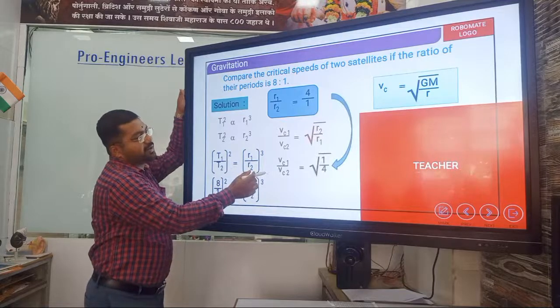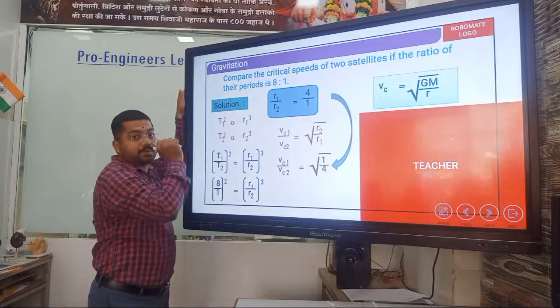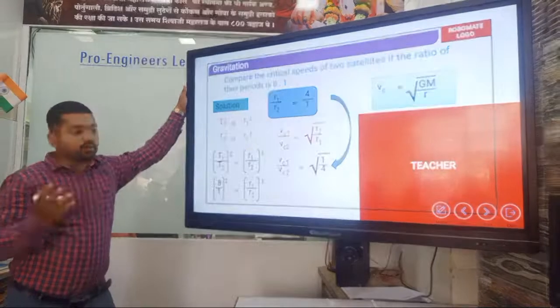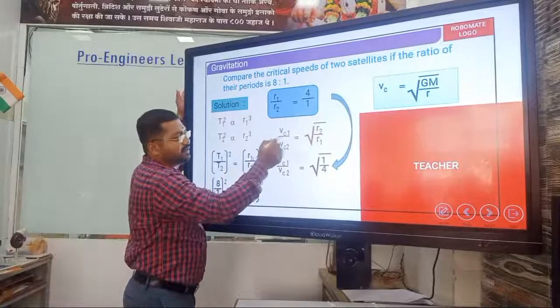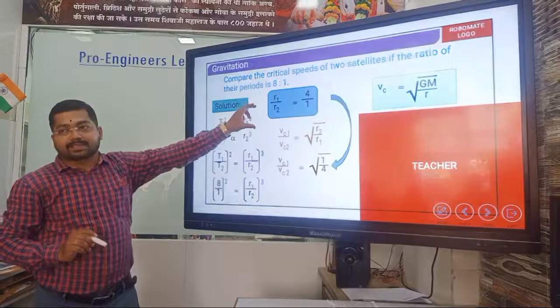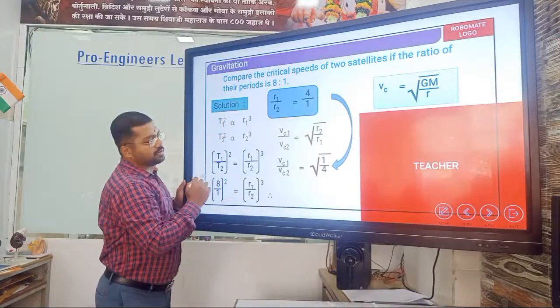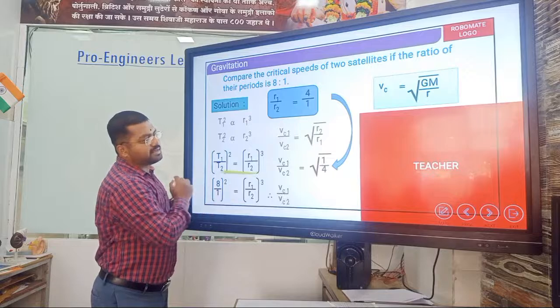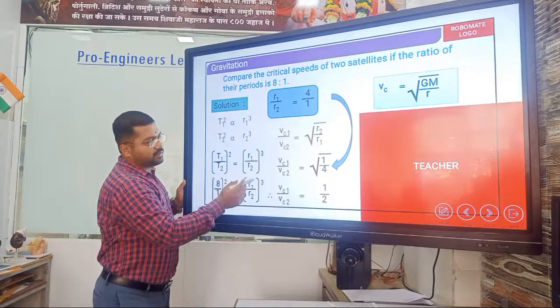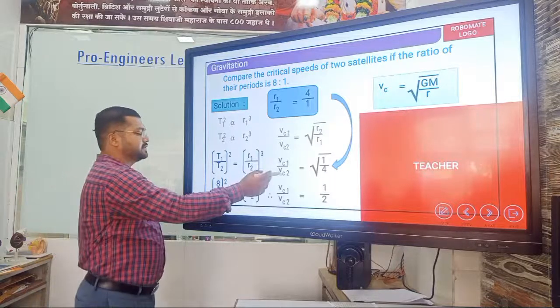So now 1/4. While writing here, we have not mentioned square, cube, root, but actually the formula is VC1 upon VC2 is under root of R2 by R1. So taking the reciprocal of this, 1/4. Therefore, VC1 by VC2 is 1/2, that is the final answer.